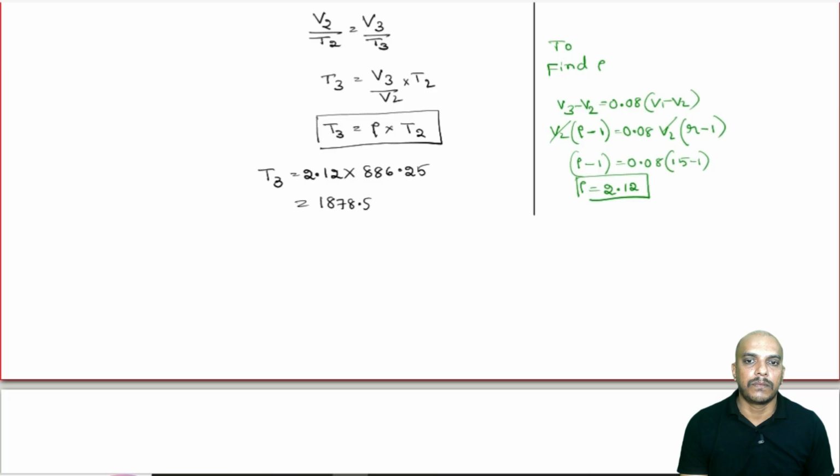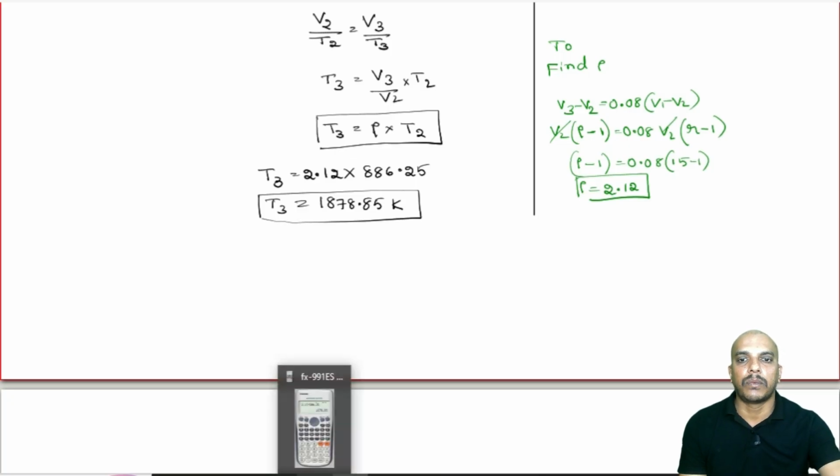So T3 is 1878.85 Kelvin. We have found T3 as well.